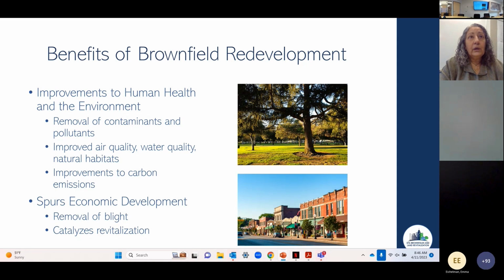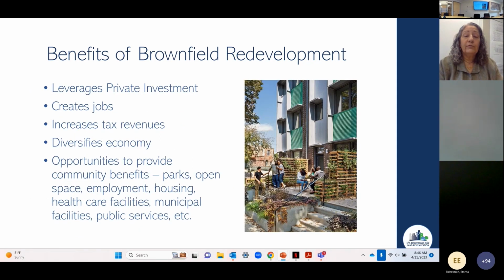So the ability to address brownfields, to clean them up and ultimately redevelop or reuse them in some way, removes that blight, spurs revitalization, and vastly improves human health and the environment based on removal of contaminants, removal or control of exposure.